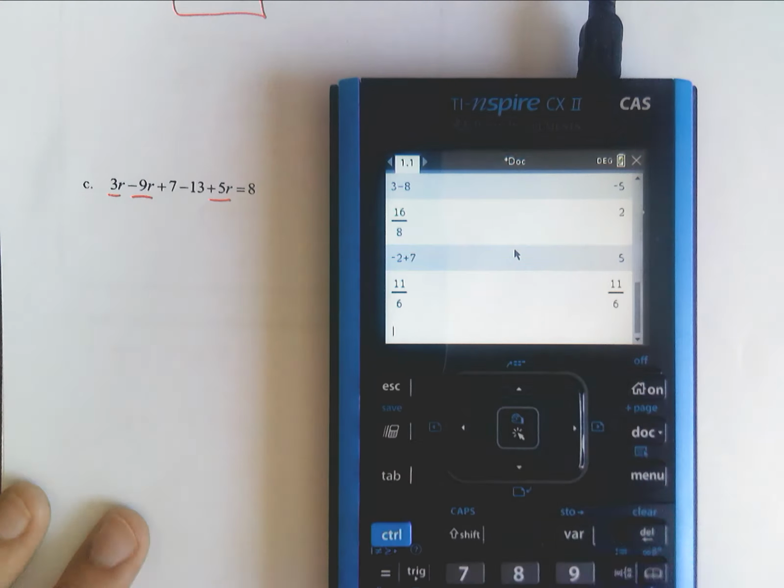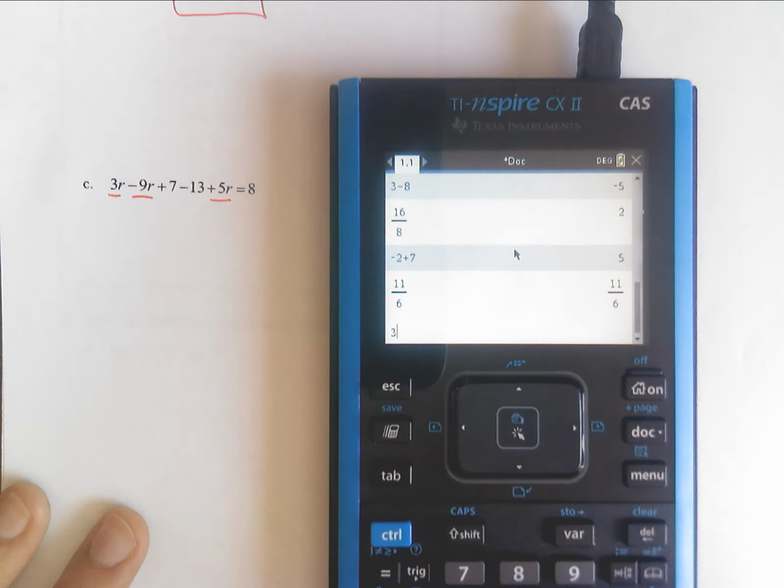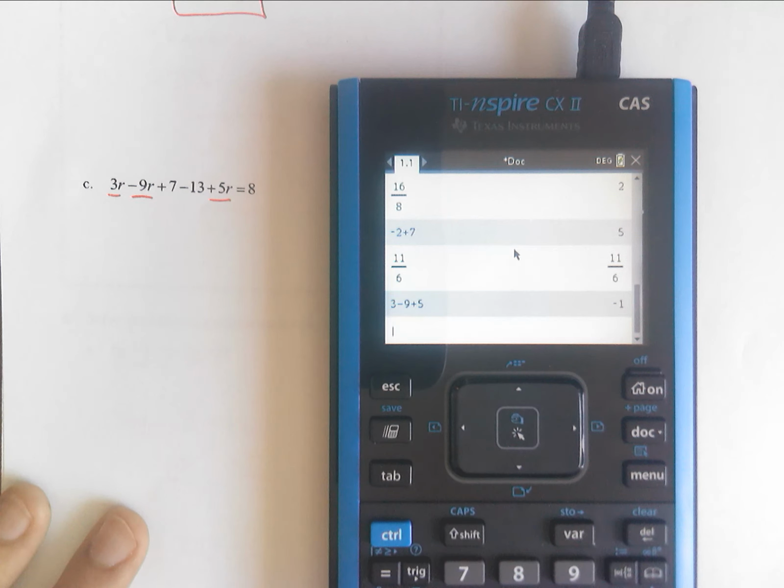Let's go back to the Inspire. Remember, in order to combine like terms, we only have to add or subtract the numbers out in front. So we're plugging in 3 minus 9 plus 5. Just those numbers out in front. Hit enter, and we get negative 1. So we have negative 1r.